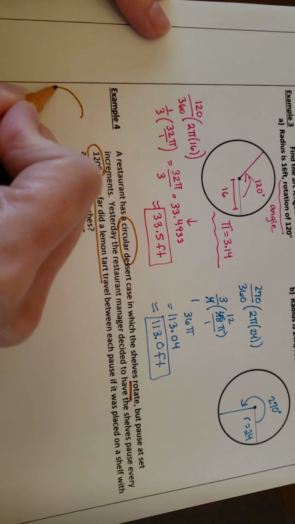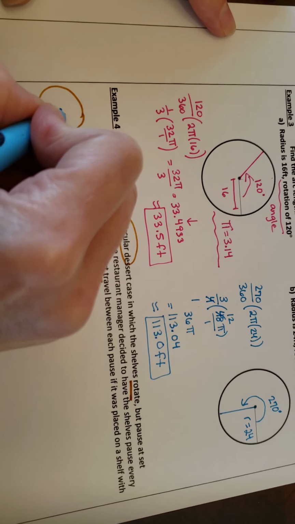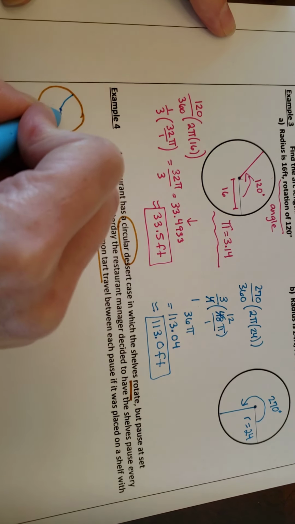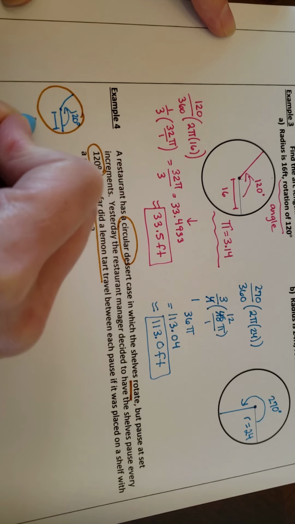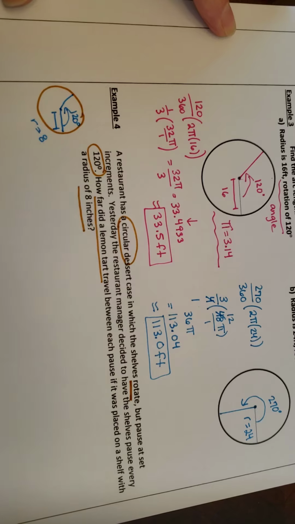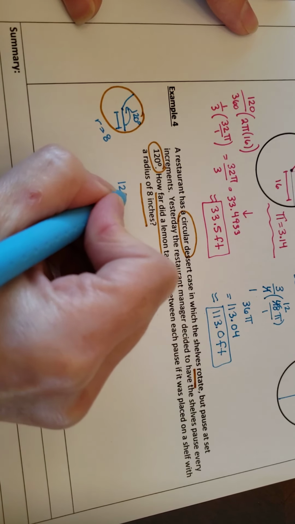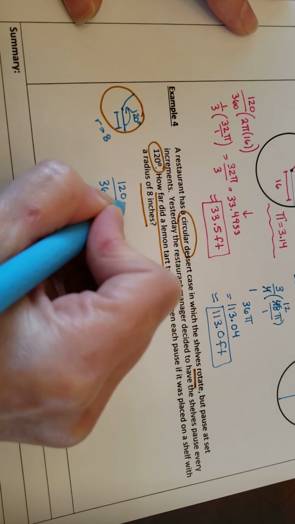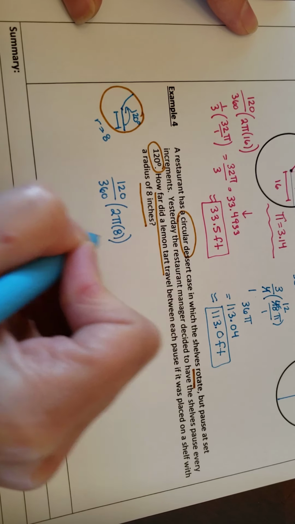Basically, if we put it in the form that we're used to seeing it, in a circle, 120 degrees, we're going to say is about there. It's a little bit far. So 120 degrees, my r is 8. And I'm basically just plugging into the formula again. So 120 divided by 360 times 2 pi times 8.